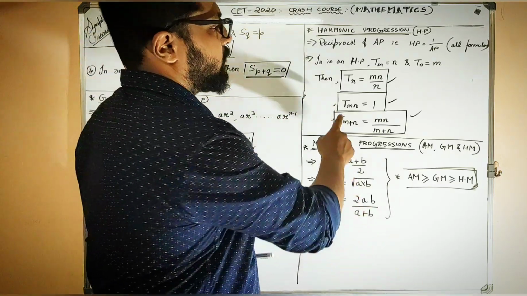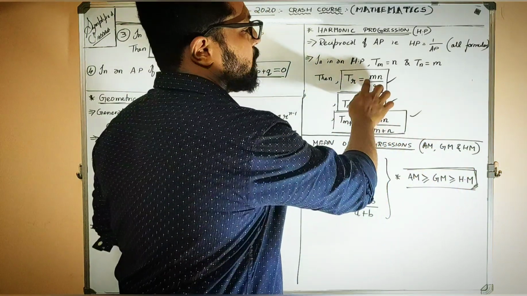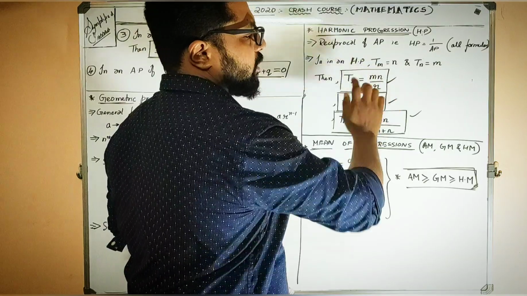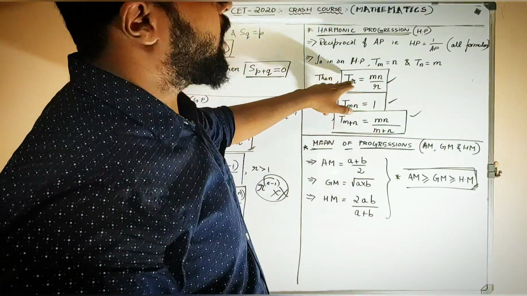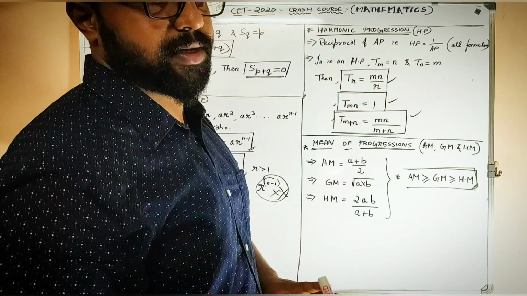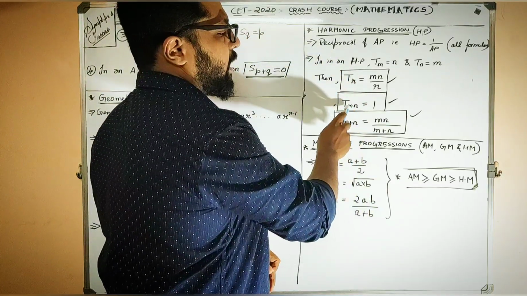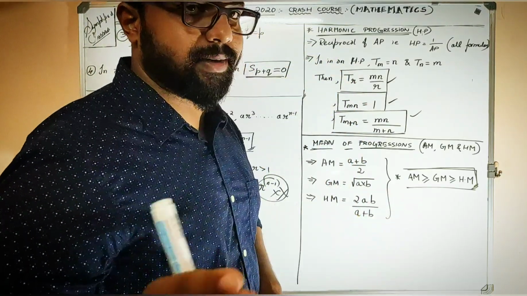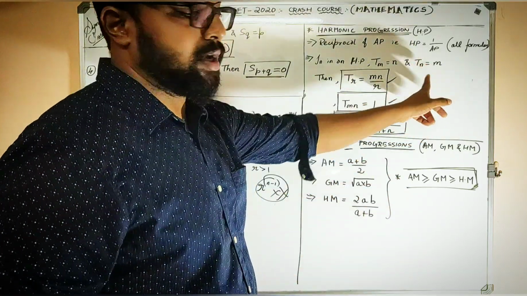The first relation is Tr, the rth term, any random term, is equal to m into n divided by r. If they are asking for some random term r, you just have to multiply m and n and divide by the given term, that is r. That will give you the answer for Tr. And T(m+n), the (m+n)th term, will always be equal to 0 when this condition is satisfied.